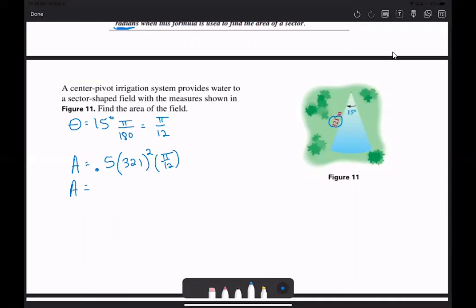Plug everything into your calculator, even your pi, and you get a decimal, but let's round to the nearest meter. In this case, we have 13,488 meters squared as the area of this sector.